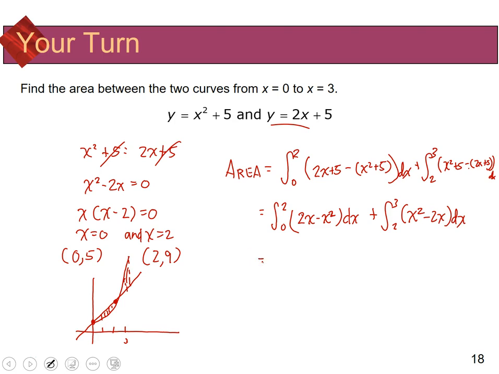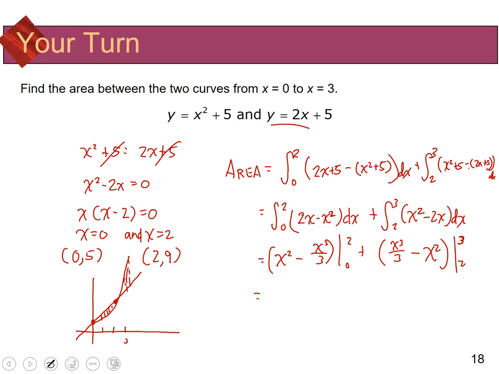The integral of 2x is x squared. The integral of x squared is x cubed over 3. I'm going to evaluate that from 0 to 2. Here I'm going to have some of the same things. I'm going to have the x cubed over 3 minus the x squared from 2 to 3.